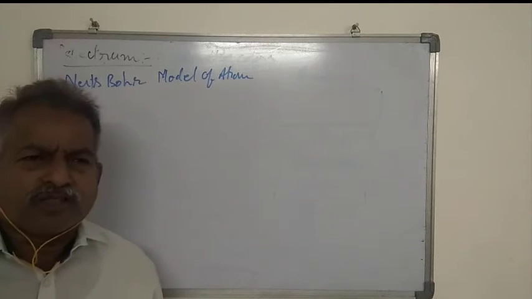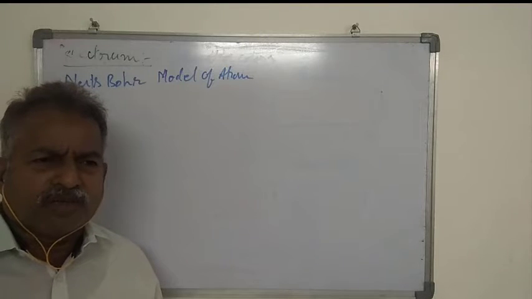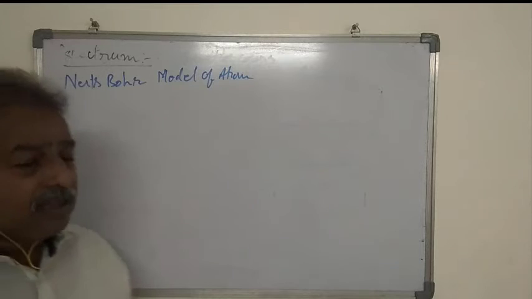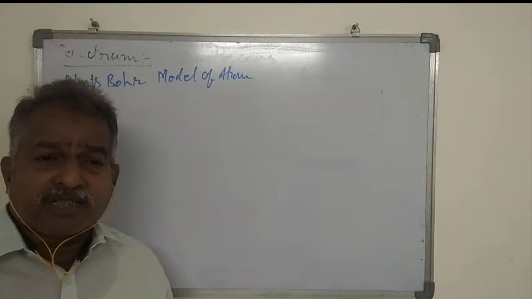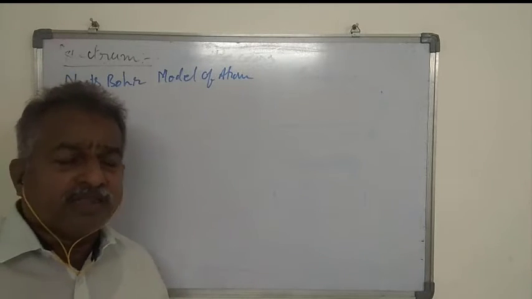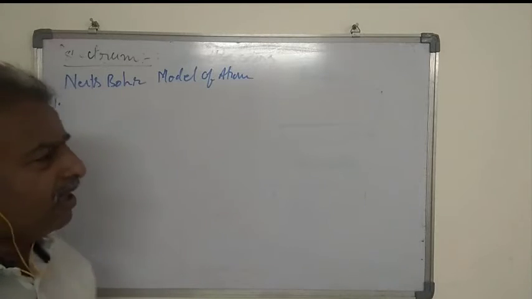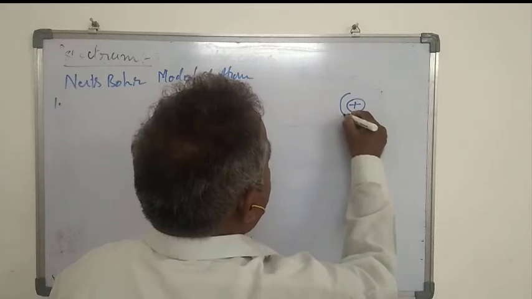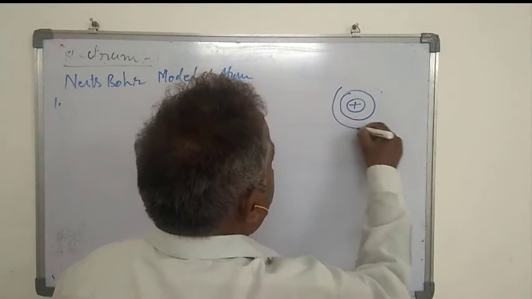See, in Rutherford's model it was not mentioned whether there is one orbit or more than one orbit for electrons. Whereas Bohr stated that a fixed number of orbits are available depending upon the number of electrons present in the atom. That is, say this is nucleus, first orbit, second orbit.